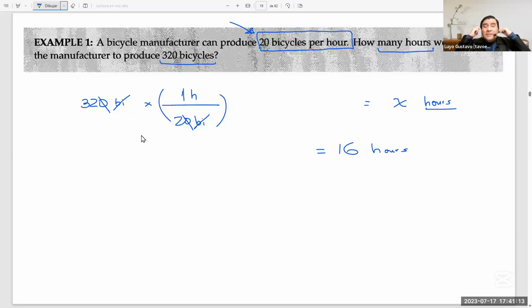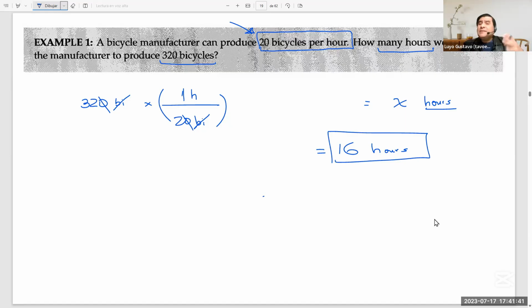It's true that sometimes common sense is faster, but if you always use consistently the approach I'm using here, you can solve any rate question, no matter how complex it may appear. I think there is a comment. Okay, Axel was suggesting the correct answer. That's it, 16 hours.